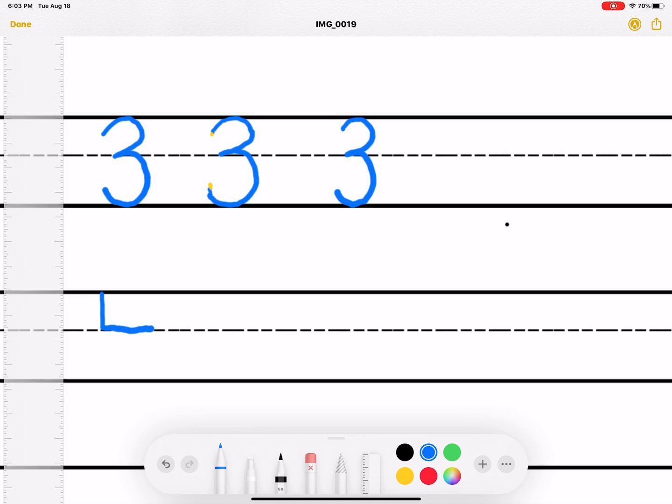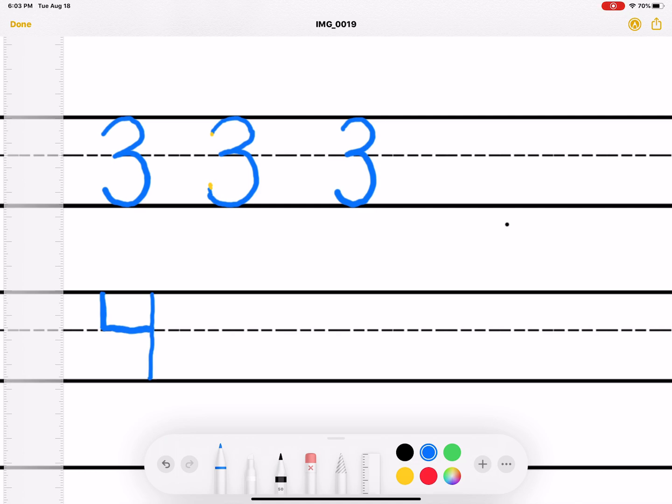It looks like the letter L, and oftentimes it will go between the wrong lines. So start on that top line and right on the middle line, and then bring down this line exactly straight with the end of it. It's a very stilted looking 4.